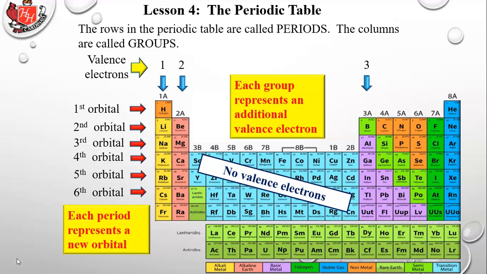As we continue across, carbon. Carbon has 2 orbitals. It has 4 electrons in its valence orbital. Nitrogen, 2 orbitals, has 5 electrons. Oxygen has 6 electrons. Fluorine, 7. Finally, we get to neon that has 8. And that's at the end of the row. The valence orbitals can all hold 8 electrons, with the exception of the first orbital, which can hold 2.